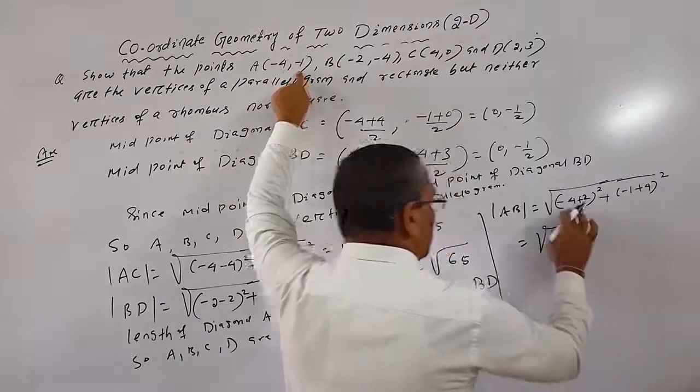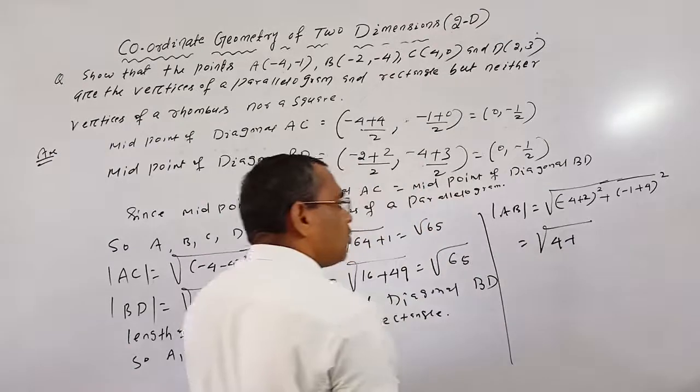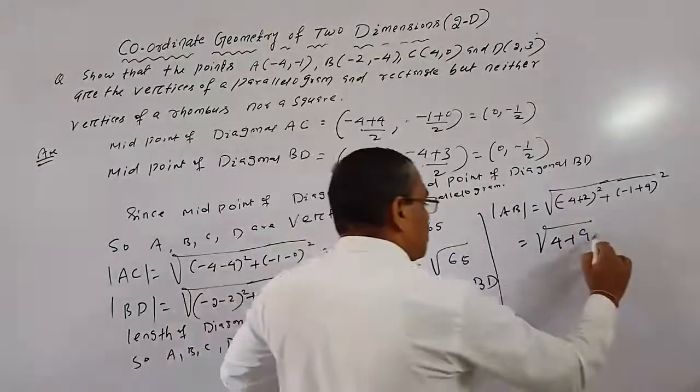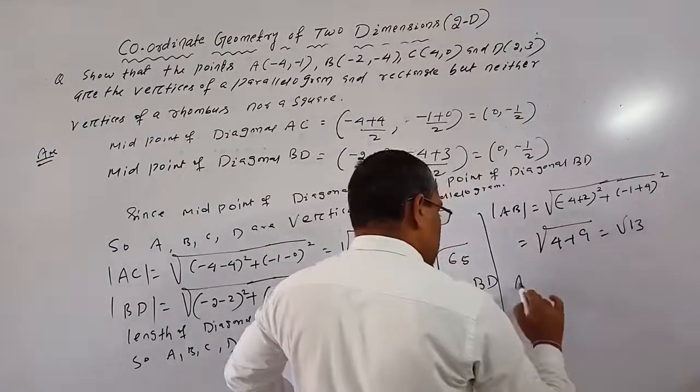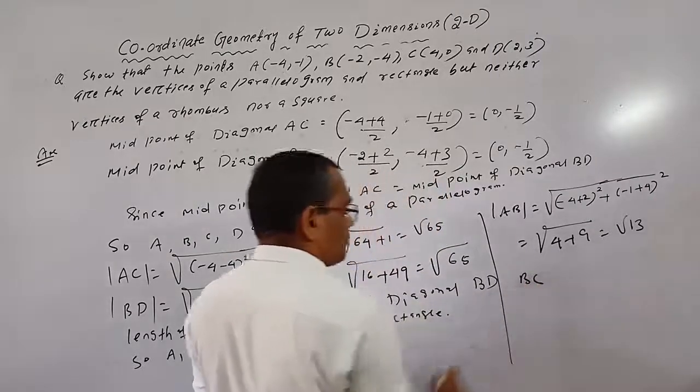Which is equal to minus 4 plus 2, minus 2 squared, means 4, plus 4 minus 1, 3 squared, 9. So root 13 is AB.